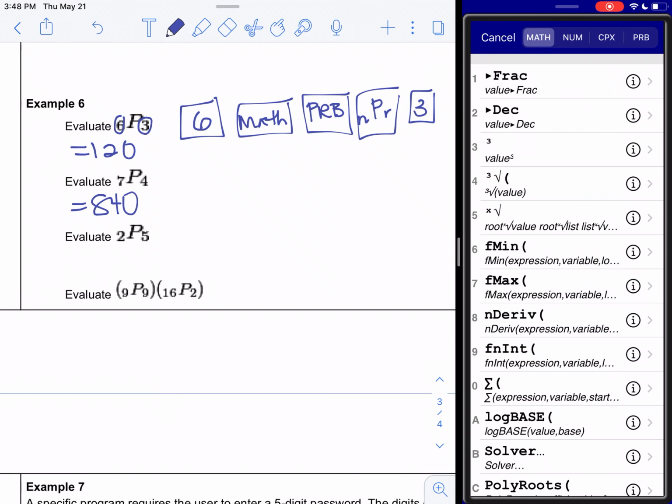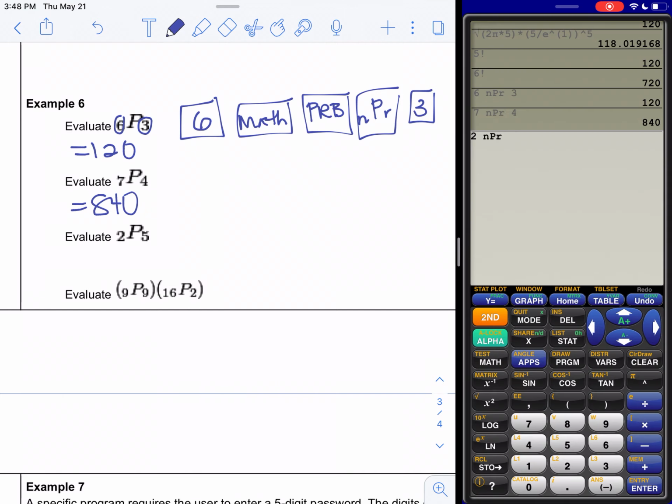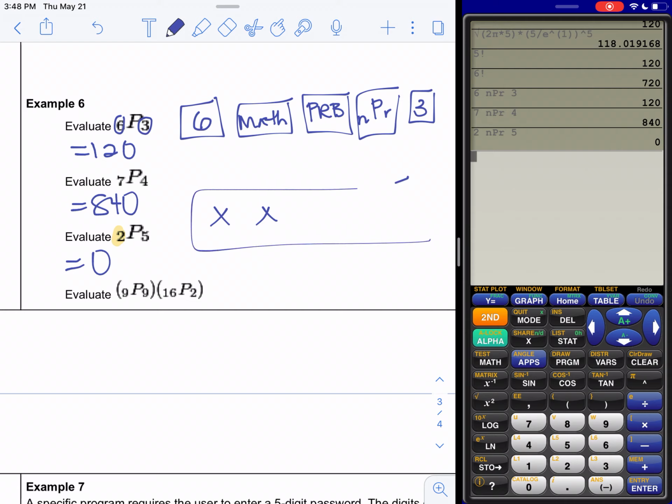This next one, 2 permutation 5, and it's going to give us 0. Which might seem strange at first. But if you only have 2 items, and you're wondering how many different ways you can group them into 5, well, I can't make a group of 5 out of just 2 things, so the answer would be 0.